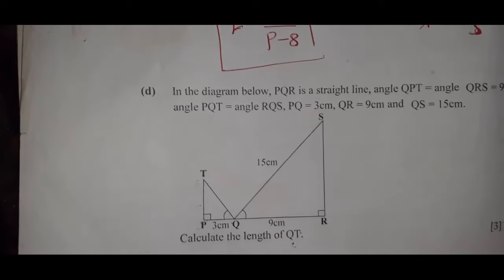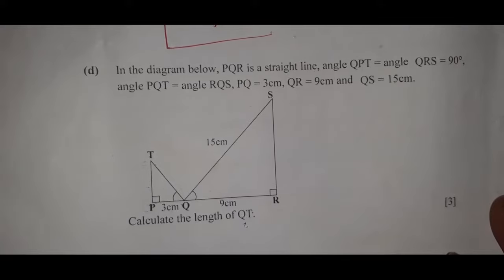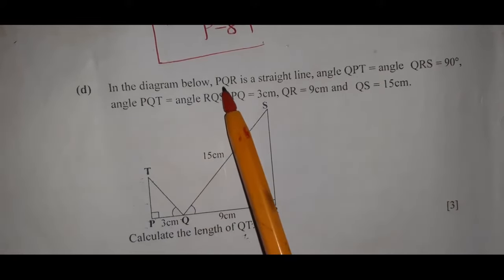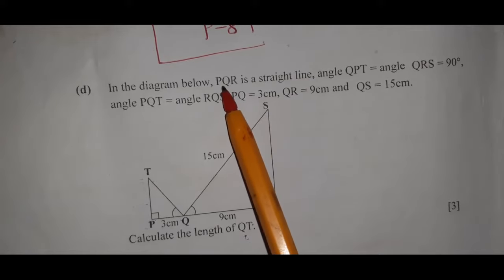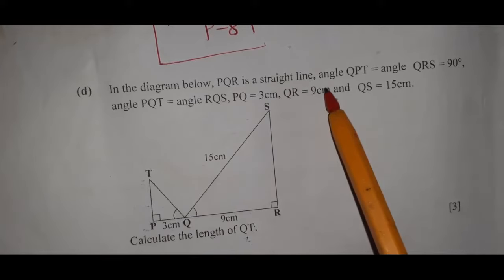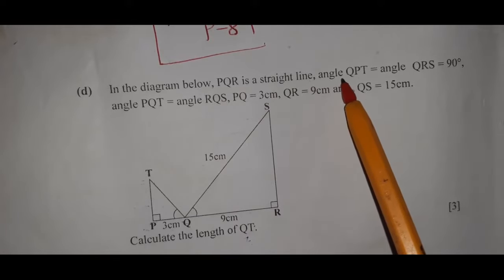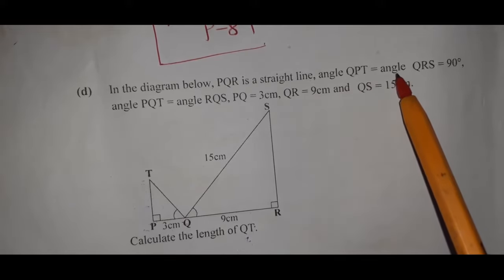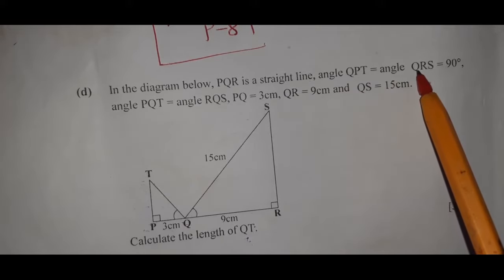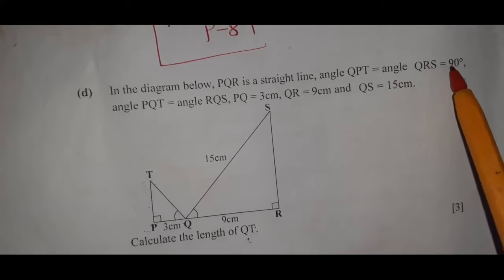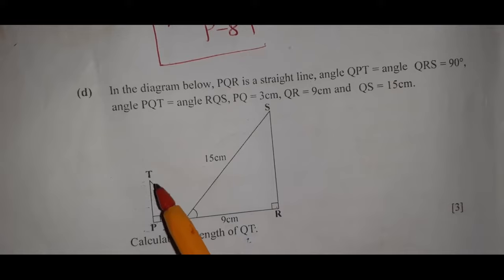So we go to the next one, which is this one here. In the diagram below, PQR is a straight line. The angle QPT is equal to angle QRS, and they're both 90 degrees, this one and this one.